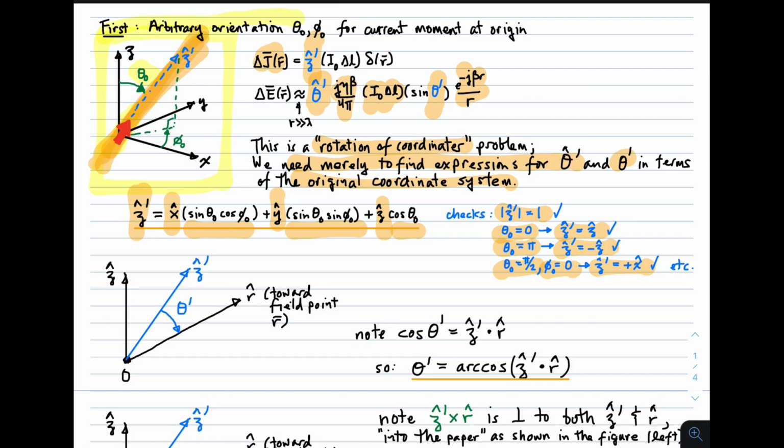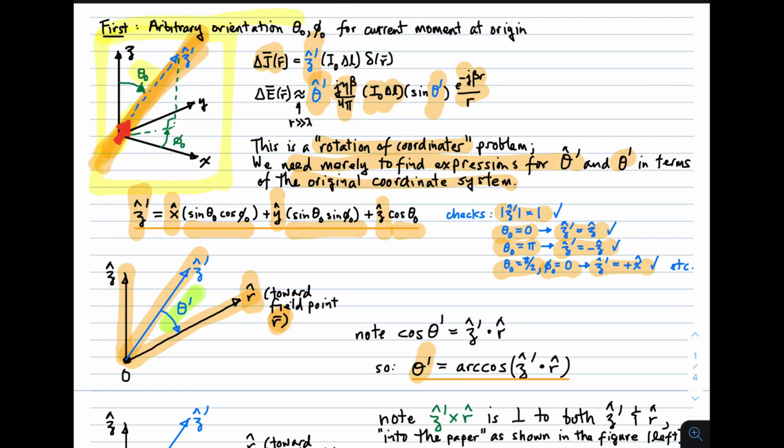Okay, so now we want theta prime. So the way we look at this is that here's the original z-axis. Here is the new z-axis, z hat prime. And then here is the vector which points towards the field point, which we're calling r. So r is the field point, and r hat is the unit vector which points towards the field point.